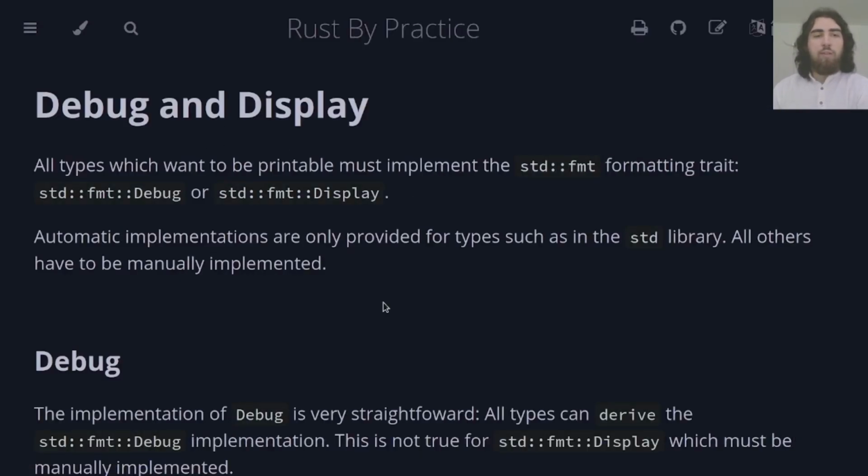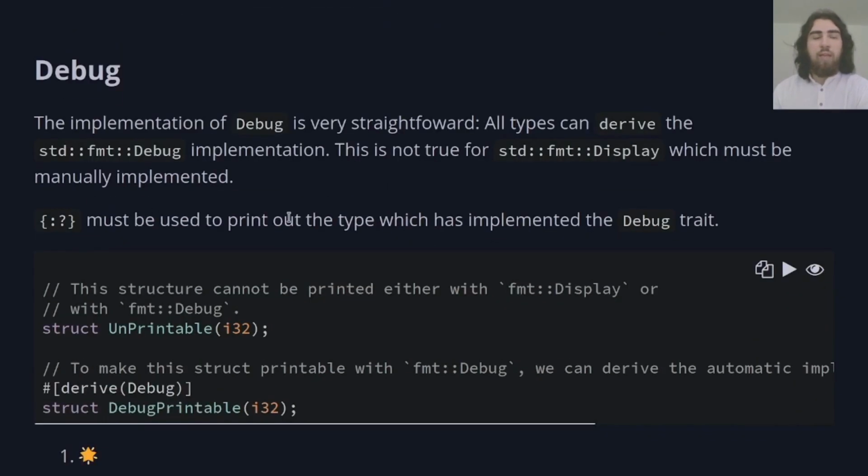Debug and display. All types which want to be printable must implement the std::fmt formatting trait, debug or display. Automatic implementations are only provided for types such as those in the standard library. All others have to be manually implemented. Let's first look at debug.